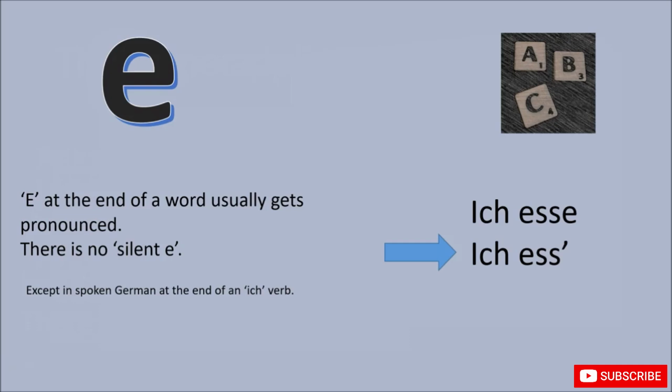In spoken German, we very often don't bother. And the E gets sort of swallowed. If you're writing spoken German, as in you're writing a story and he said, she said, then you would write that with an apostrophe instead of the E. So ich ess, ich hab, ich mach. You hear that a lot.